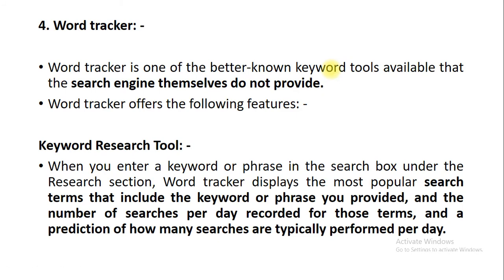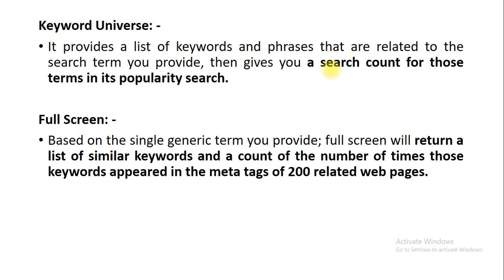Next is called Wordtracker. Wordtracker is a kind of keyword research tool. Keyword Universe: again in this tool we have a search count of particular terms based on the popularity of search.